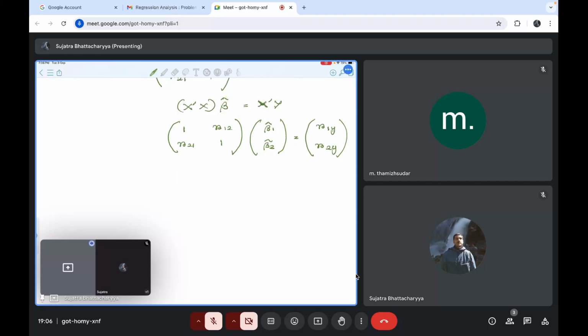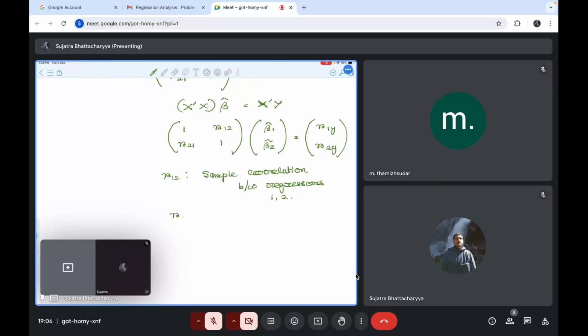Okay. So R12 is nothing but the sample correlation between regressors 1 and 2.